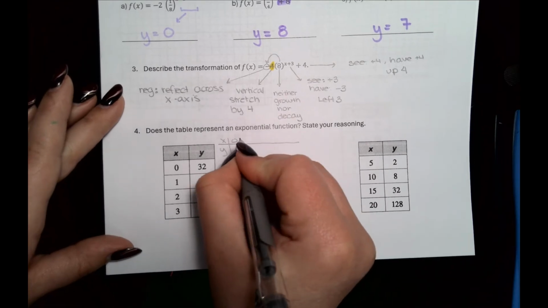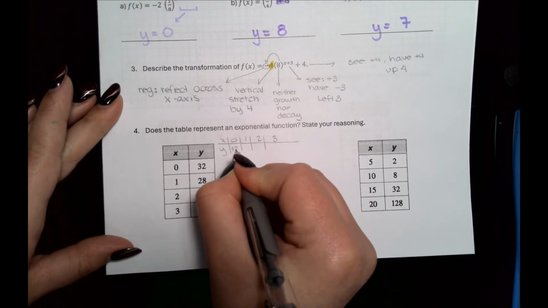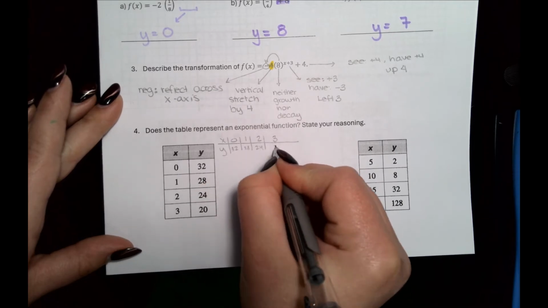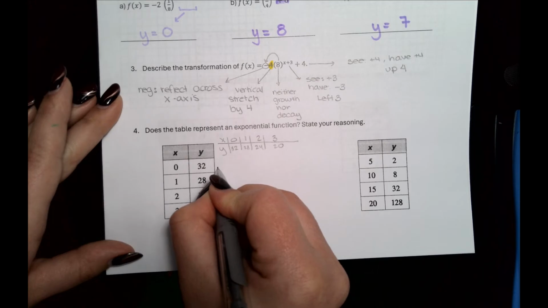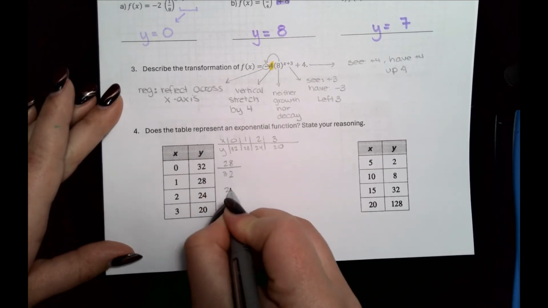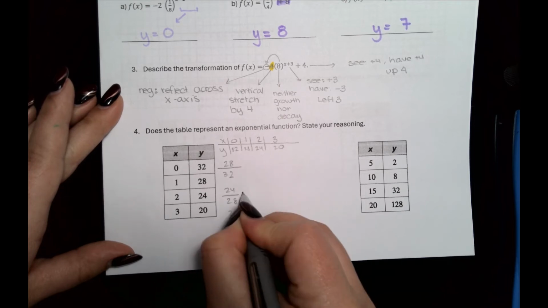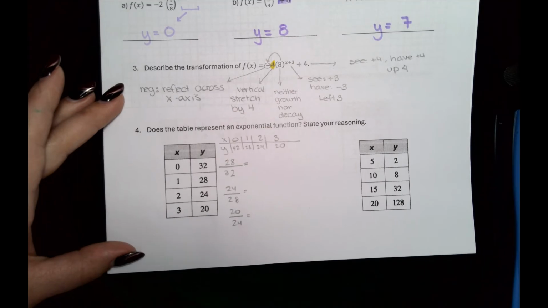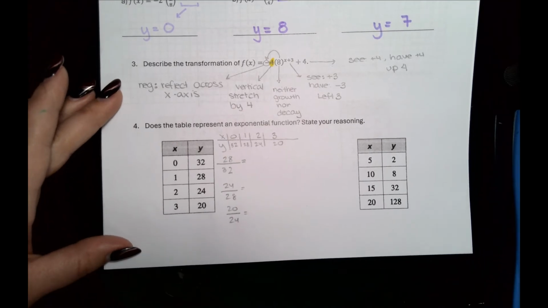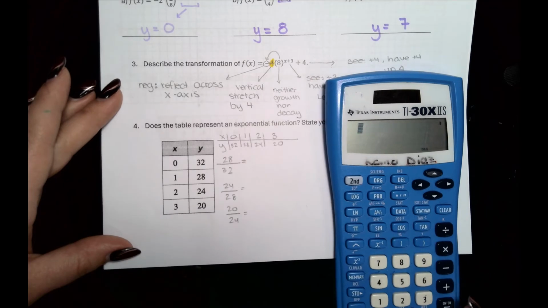So we get 0, 1, 2, 3 and I got 32, 28, 24, 20. So when I do my right divided by my left, I got 28 and 32, 24 and 28, and 20 and 24. If this gives me a common ratio, then yes, this is exponential. If it does not give me a common ratio, then no, this is not exponential.